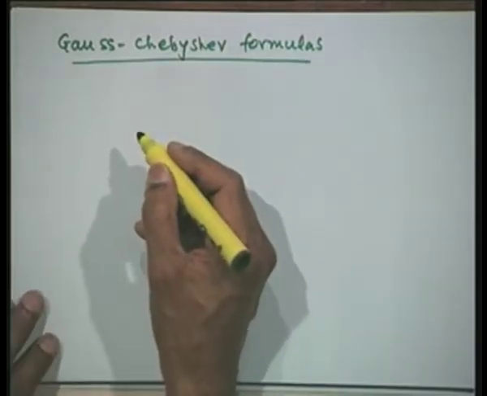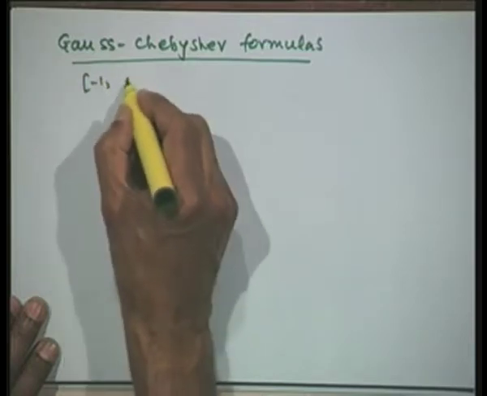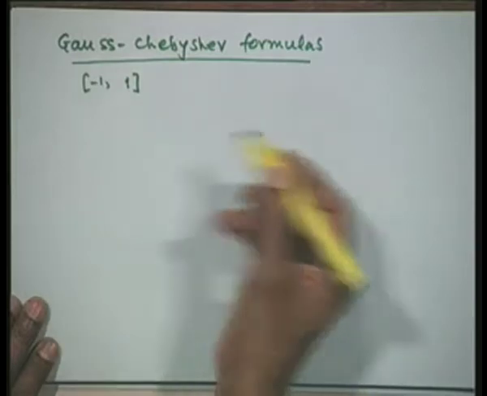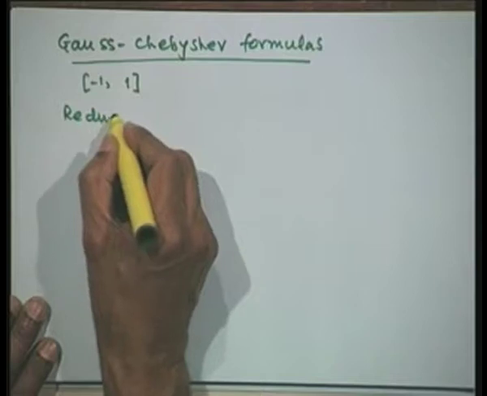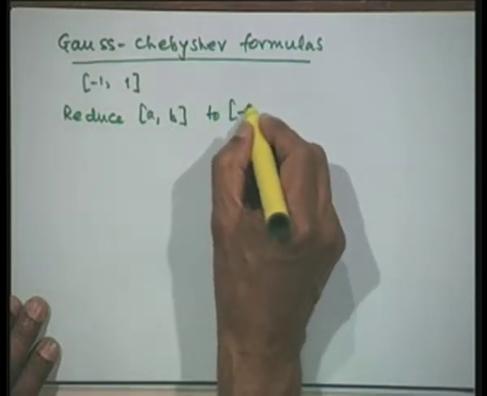Now, here again the basic interval that we shall consider will be -1 to 1. Therefore, given an interval a b, we shall reduce it to -1 to 1 by using the same linear transformation.